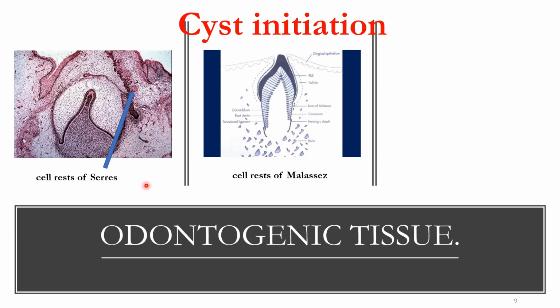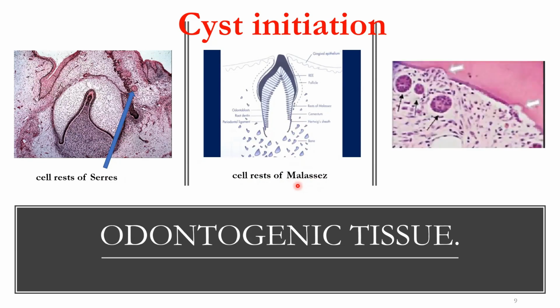So these two cell rests have the capacity to proliferate all their life. That is the unique feature of these two cell rests. Whenever there is any kind of trigger, they're capable of undergoing proliferation. So this is how they occur. So this is the periodontium, as you can see, and you can see that they occur as clumps of cells.